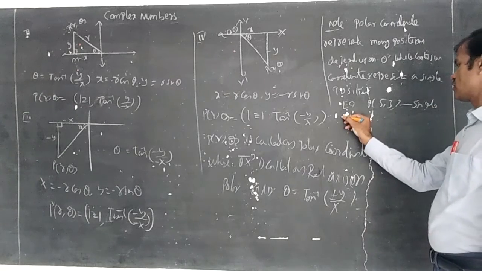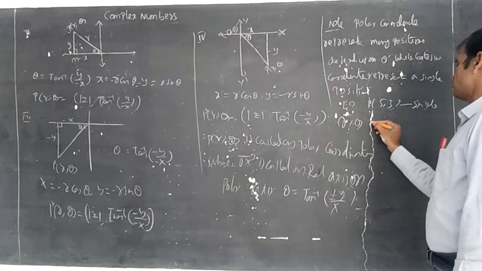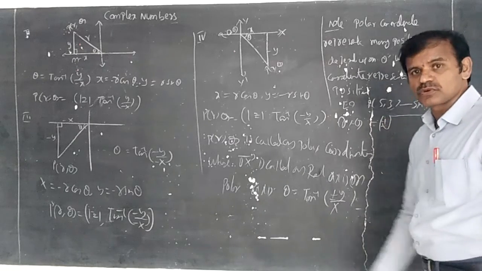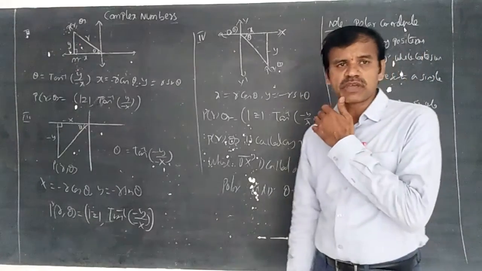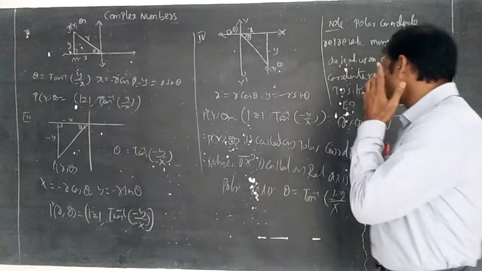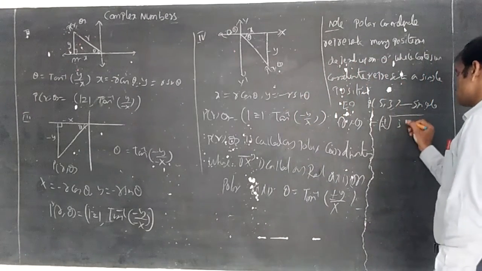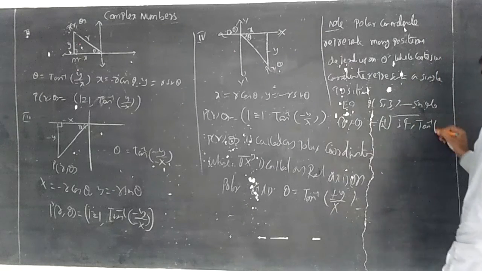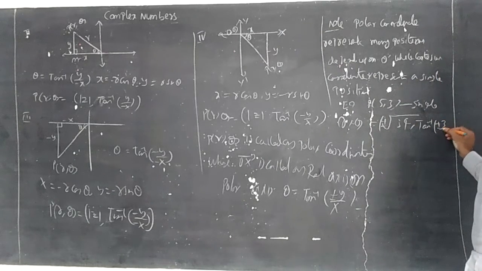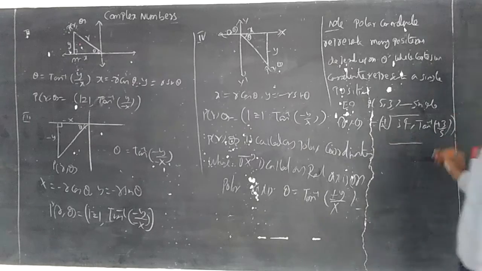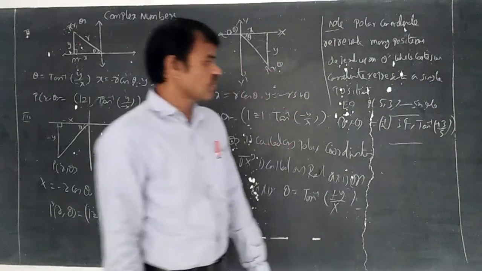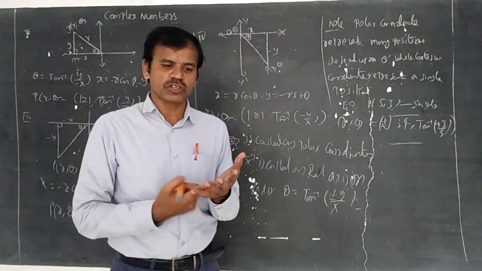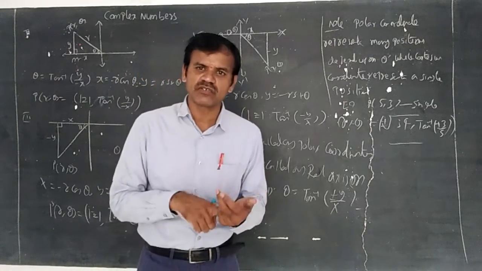Now you take r comma theta. So r is root of 5 square plus 3 square, which becomes 25 plus 9, that is root 34, comma tan inverse of plus or minus 3 by 5 plus r. Here tan inverse of 3 by 5 becomes plus in the first quadrant, second quadrant, third quadrant, fourth quadrant, again first quadrant, again second quadrant, again third quadrant, like that.